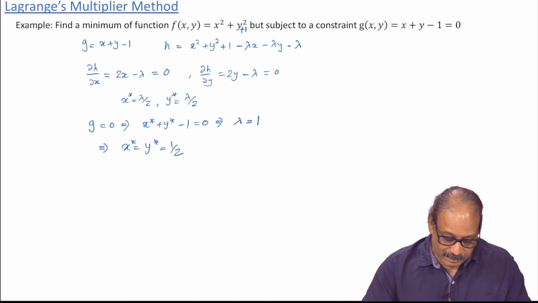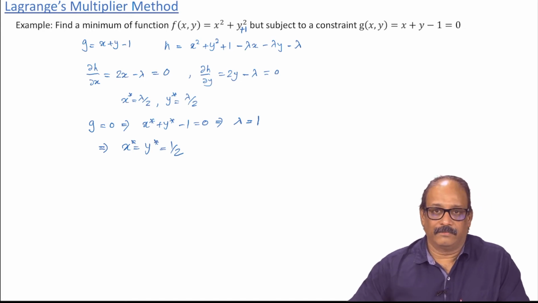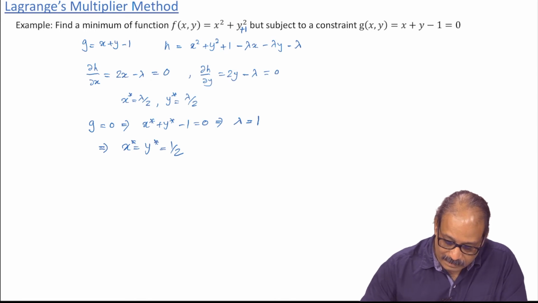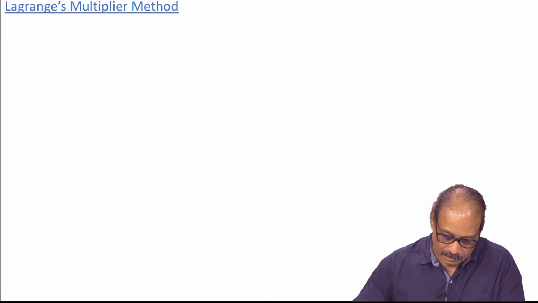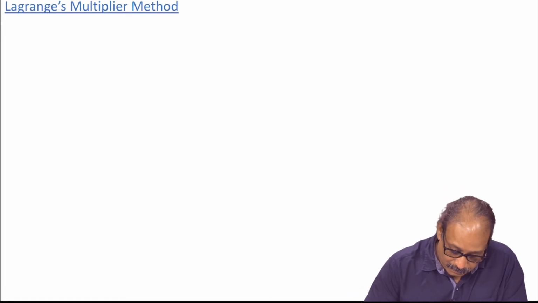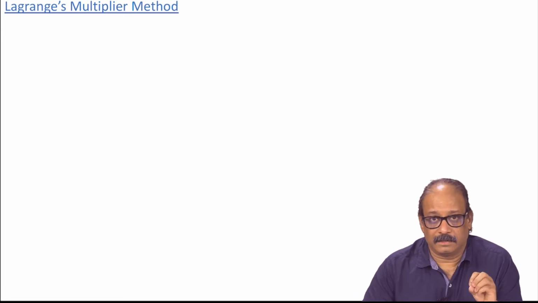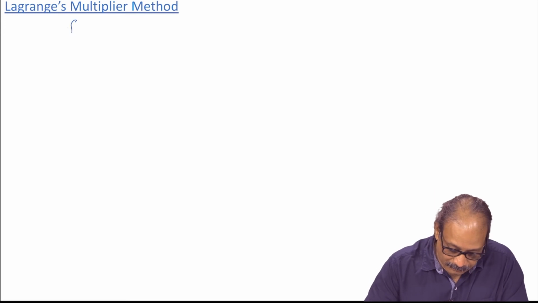Now, the extension of this to many variables would be straightforward. So, if I want to extend this method to many variables, you start with the same problem: you have a function f which is a function of n variables.